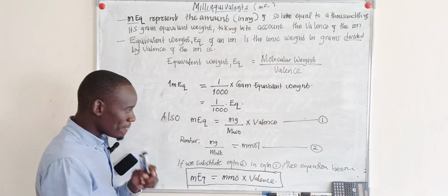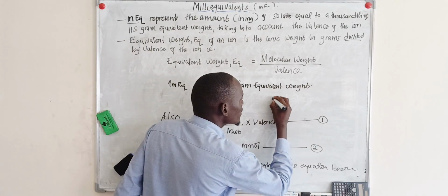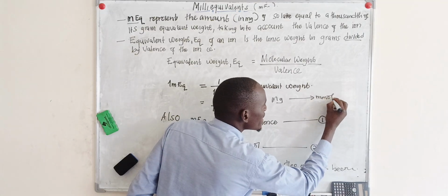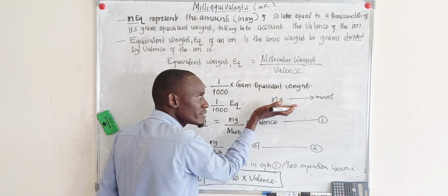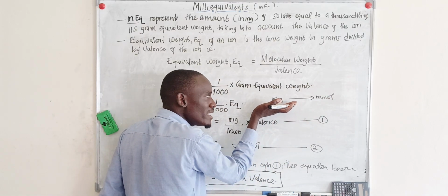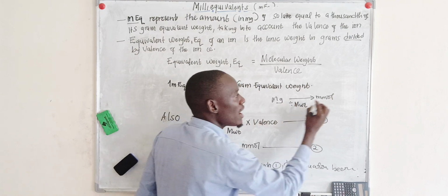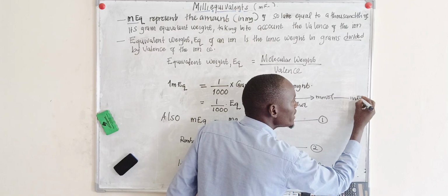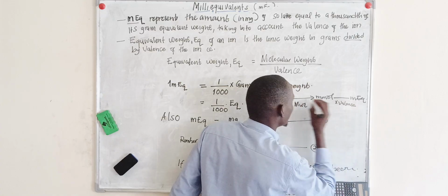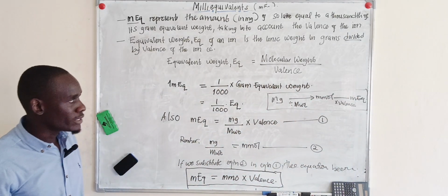So what does that mean? Every time you are converting from milligrams to millimoles, we divide the mass in milligrams by molecular weight. And every time we are moving from millimoles to milliequivalents, we multiply millimole by valence. And this should be at your fingertips at all times.